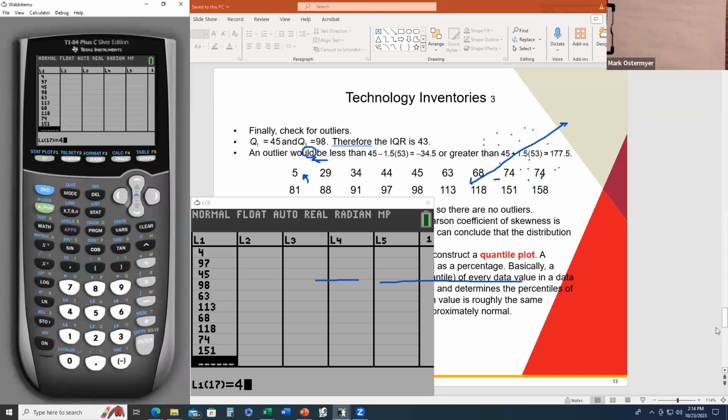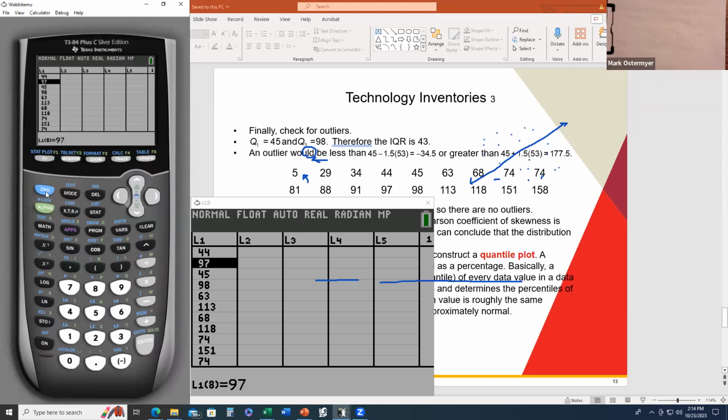Whoops. Hold on. 74 and 158. I think I have an error on one of my data points up here too. It should be 44. I think I typed in 4. Yeah, this should be 44.